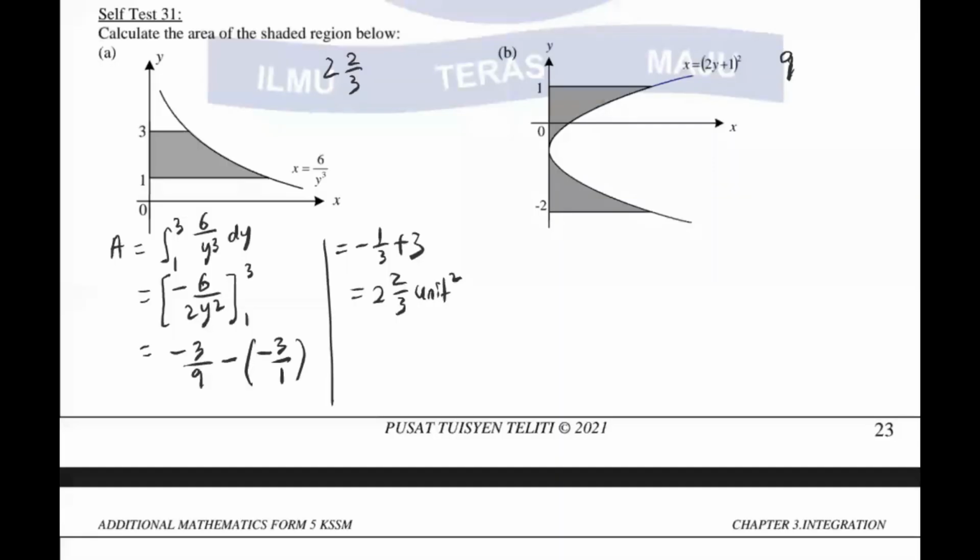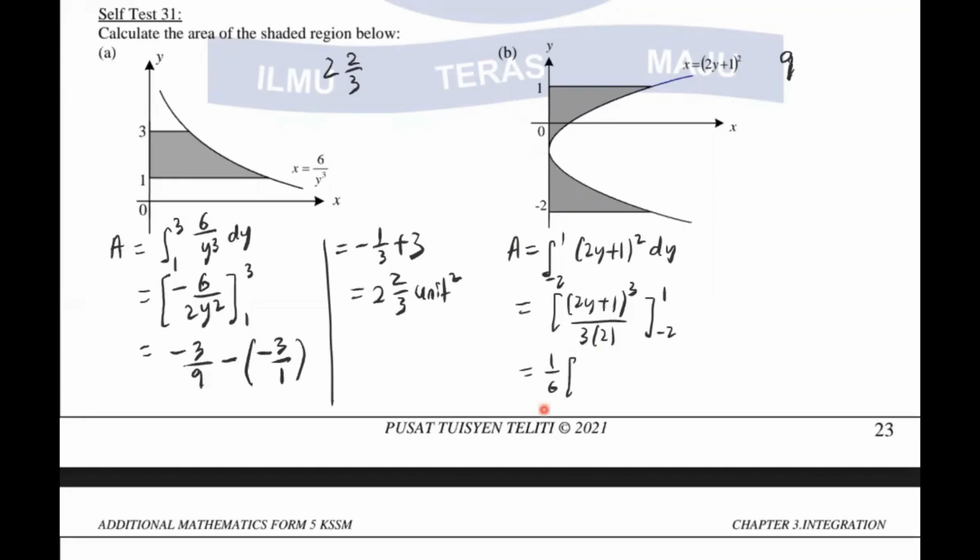So let us just integrate the next one. From minus 2 to 1, your function is 2y plus 1 power 2 dy. So when I integrate this, I copy 2y plus 1, increase the power by 1, 3, divide by 3, differentiate, I get 2, minus 2 to 1. Okay, here I can take out 1 over 6, right? And I don't like to divide by 6, I just take it out, 1 over 6 is better.